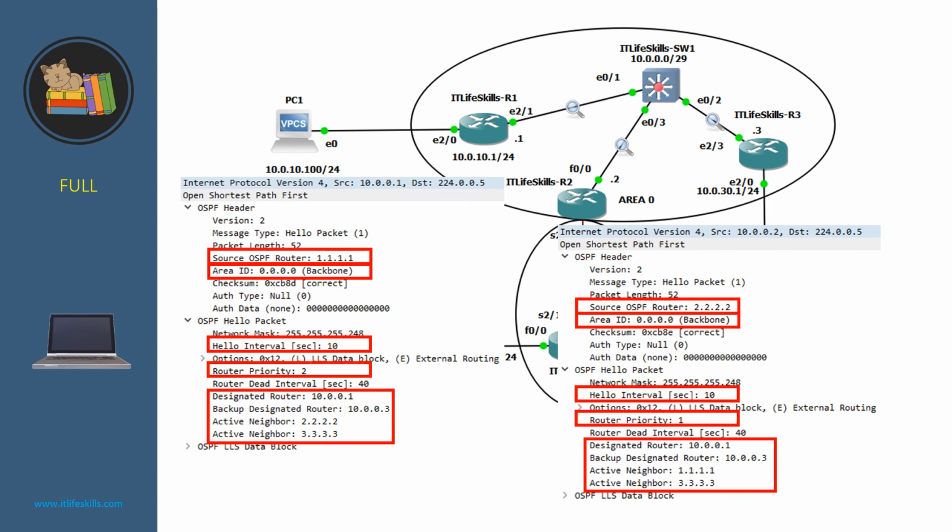Any change in the network, or if the routers do not hear back from the neighbors within the dead interval configured by the neighbors, and in this case it is 40 seconds, an update will be triggered.